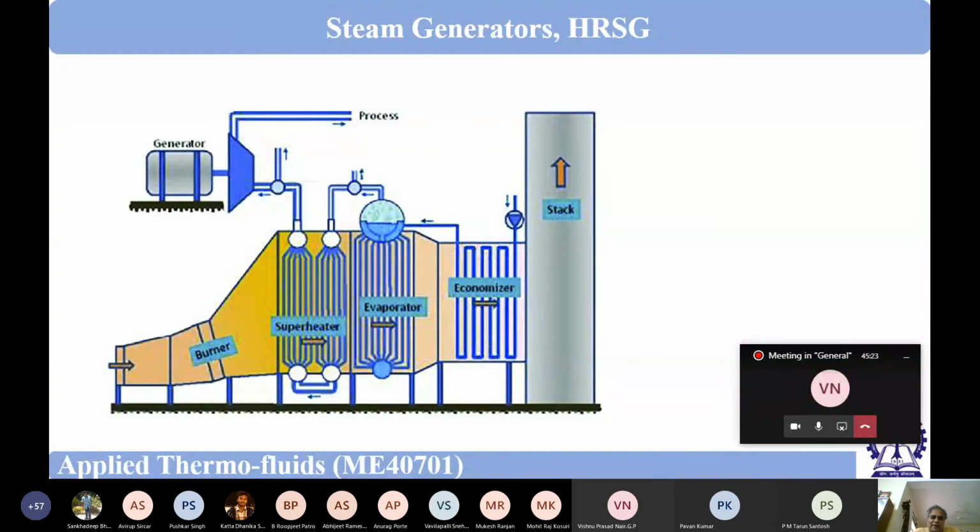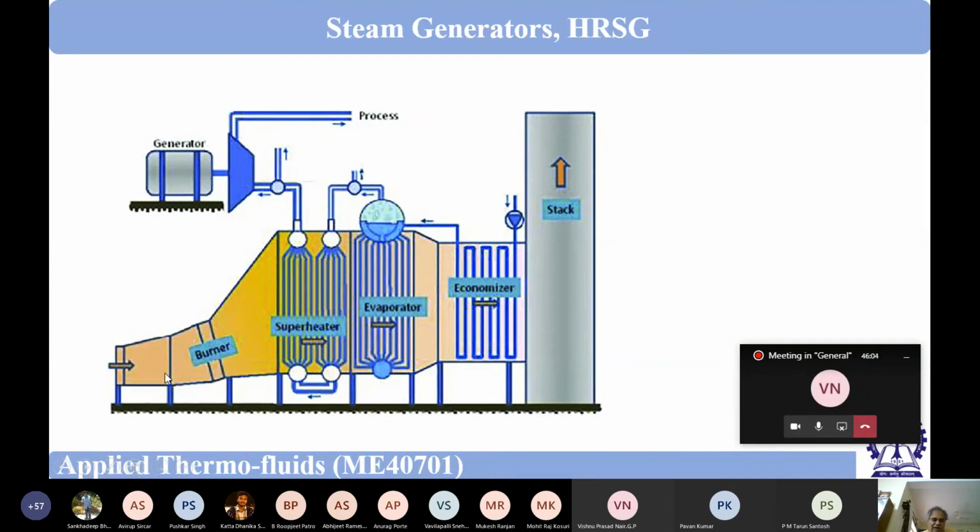So it may happen that there is some residual oil vapor or residual natural gas. So we can burn it, or we can inject some additional amount of fuel, the same fuel or some other fuel, and we can have a burner. But this is not a mandatory part of an HRSG. Most of these HRSGs will not have a burner, or some of them will have a burner, but only during some emergency will they be operated. They are not regularly operated.